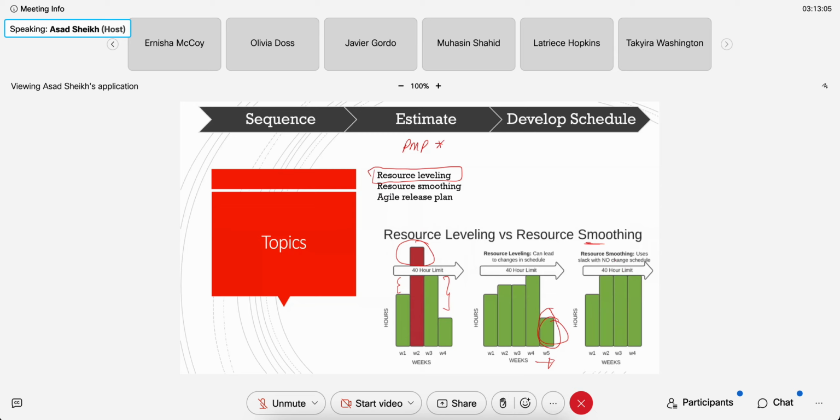Now, smoothing, on the other hand, is where you do the same thing without losing or adding this extra time here, and that's called smoothing. So the best thing is to smooth it out so that you don't slip the schedule. Okay, so keep that in mind.